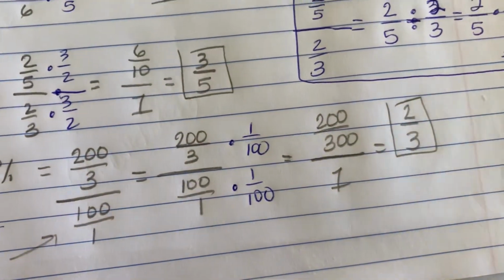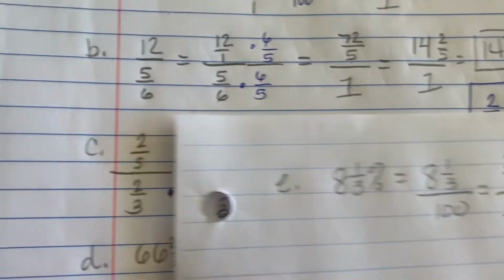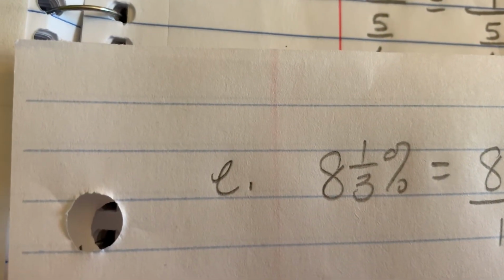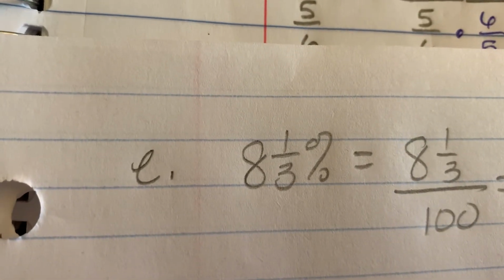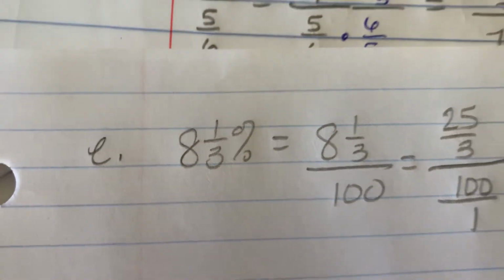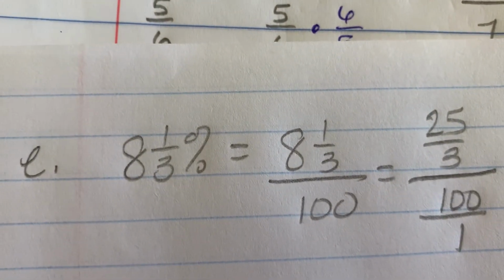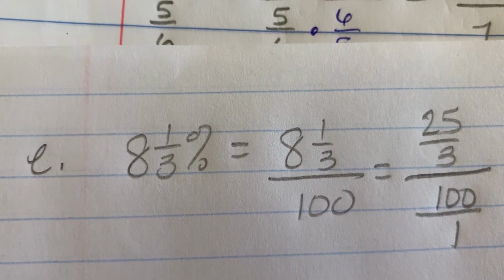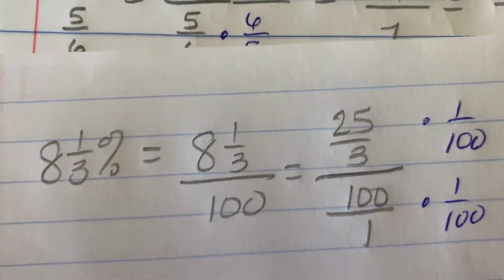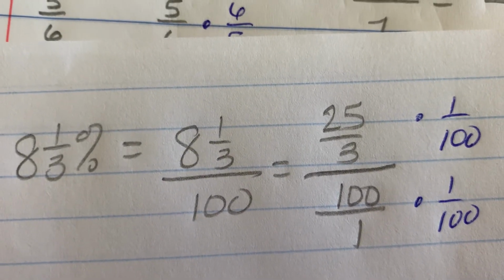Okay. All right, we're going to take a look at E. 8 1/3% is 8 1/3 over 100, which I change the shape, becomes 25/3 over 100 over 1. I get the denominator to turn to 1, so I multiply by the reciprocal.